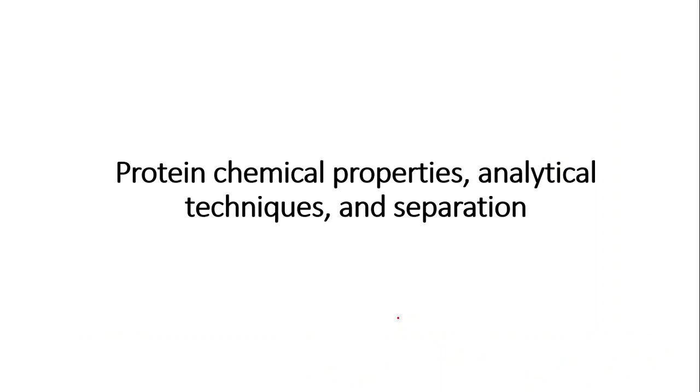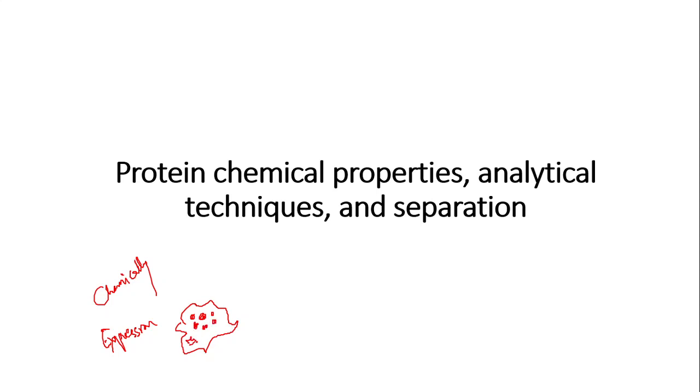So in the next few slides or next few classes, what we will be discussing is the protein chemical properties and various analytical techniques and methods for separation of proteins from a crude mixture. Let's say you have prepared a protein either chemically or by expression, meaning in a bacterial cell or in a mammalian cell, in large quantity over other native proteins.